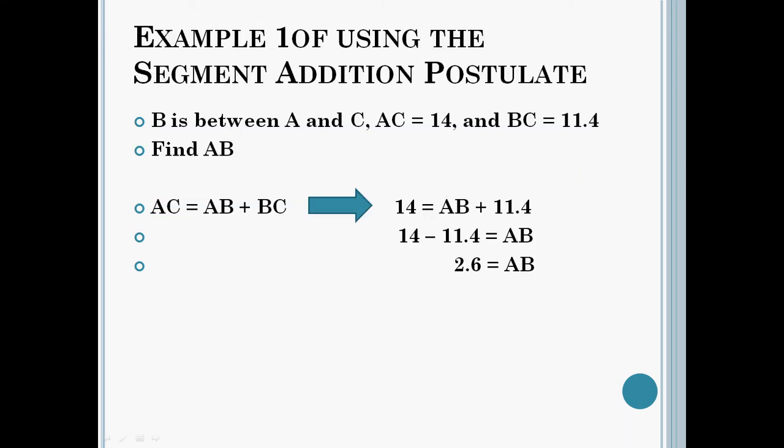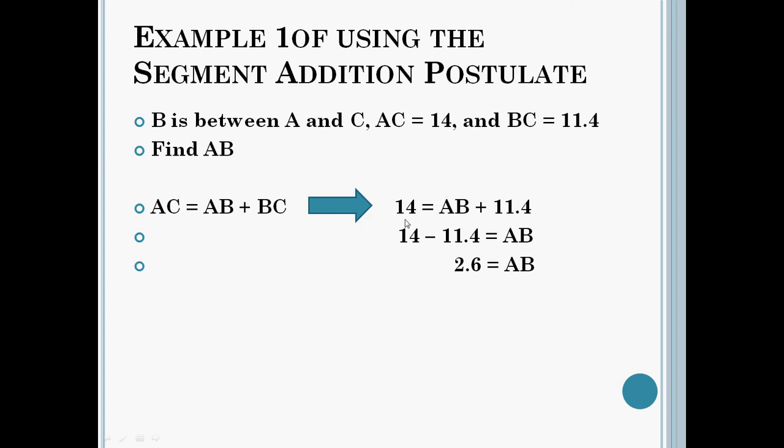An example of using this postulate to solve problems would be: given B is between A and C, AC is 14, and BC is 11.4, we want to find AB. First thing we would do is use the postulate to make an equation. We know that AC is the entire length of the segment, so it goes on the left. It is equal to AB plus BC.